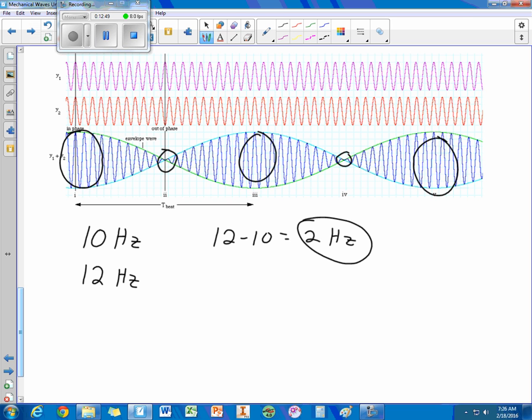In other words, we would hear 2 beats per second. If I have, let's say, 30 hertz and 40 hertz, I would hear a beat pattern of 10 hertz. I would hear 10 beats per second. And again, I have some demonstrations where I can show that to you in the classroom. All right, that concludes this section of the notes.